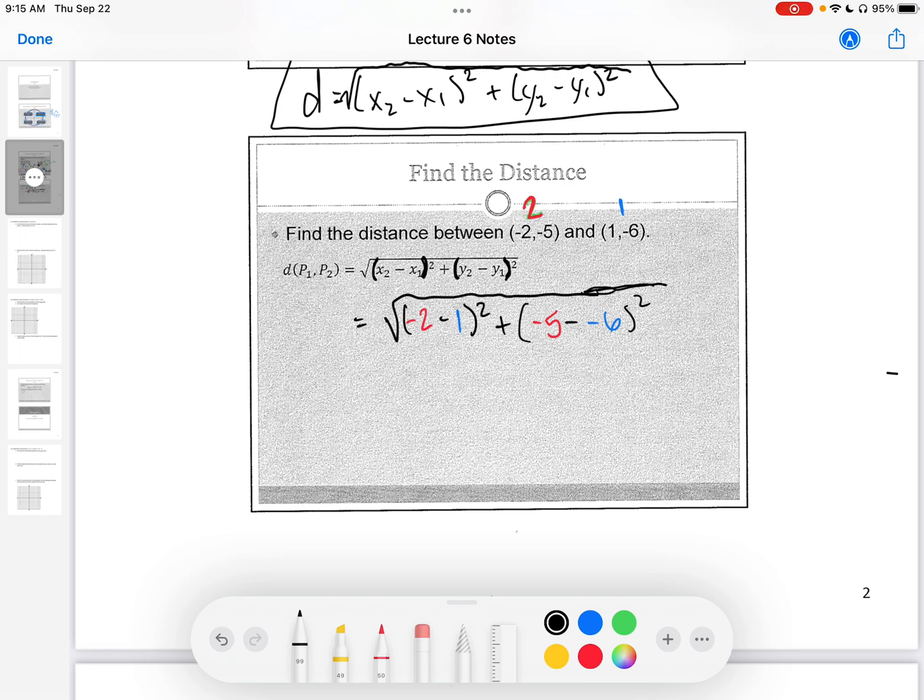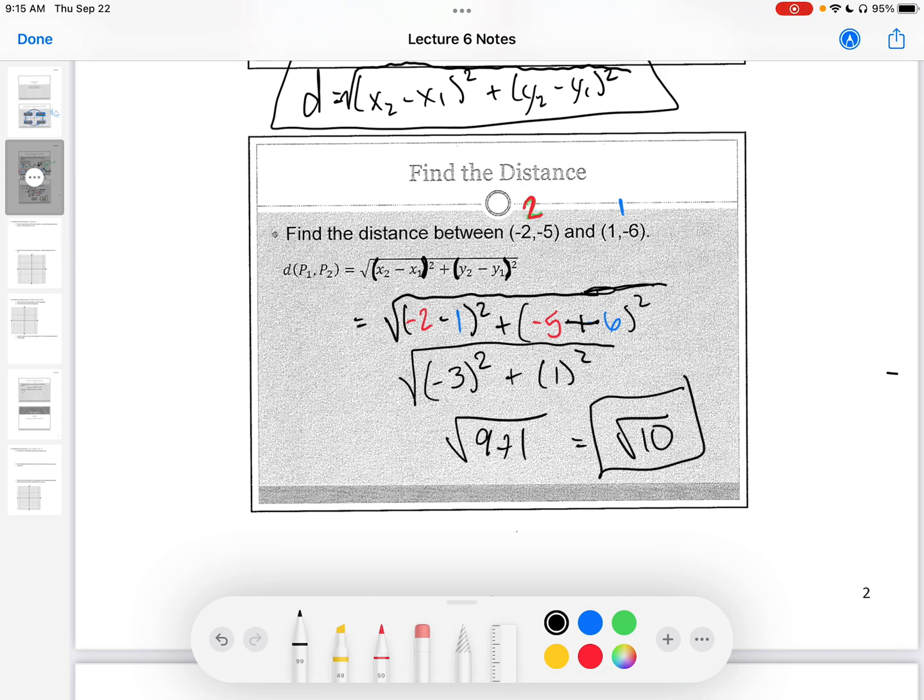Negative 2 minus 1 gives me negative 3 squared, plus negative 5 plus 6 gives me a positive 1 squared, still all underneath the square root. Negative 3 squared is 9, plus 1, and that gives me the square root of 10. And that would just be my answer.